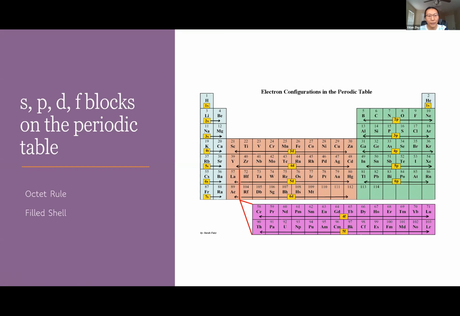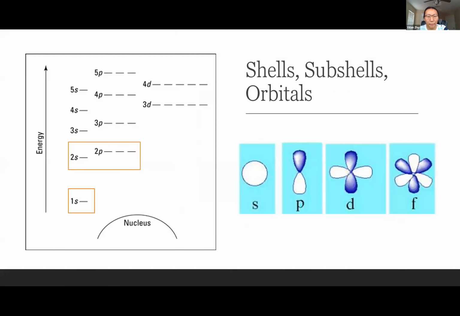So right now we need to talk about the octet rule, which is a really important concept in chemistry. That means that an atom likes to have its entire shell filled. So once we look back, an atom likes to have all the available spaces in a shell filled.